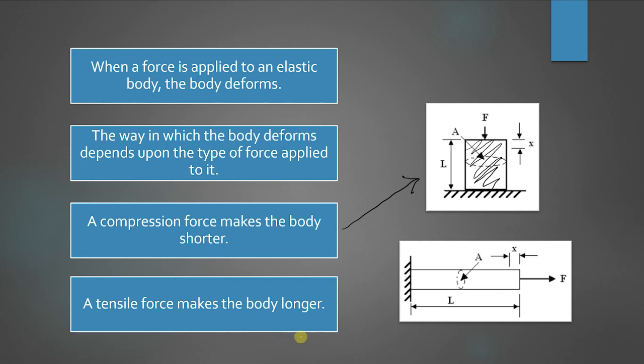And for tensile force, if you pull it out, you tension it, it will make the body longer. Perhaps originally it was here, and then it extends, it becomes longer and longer.